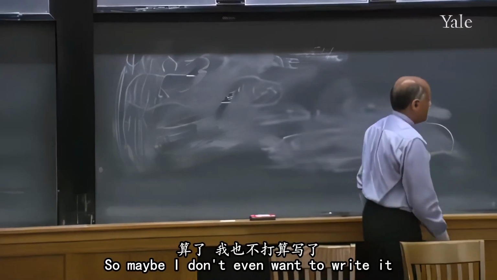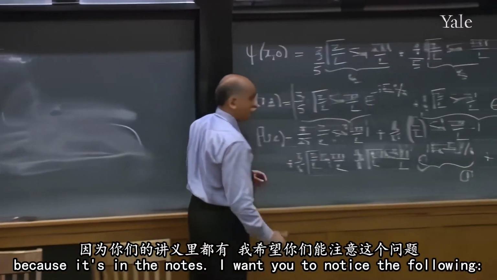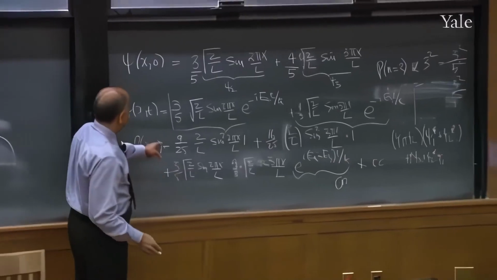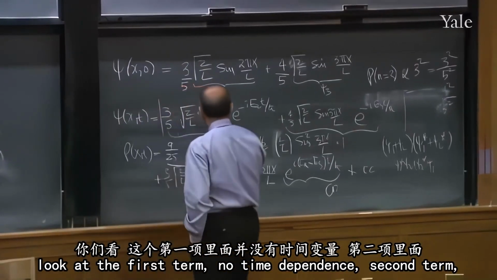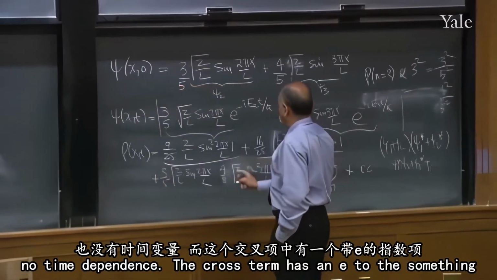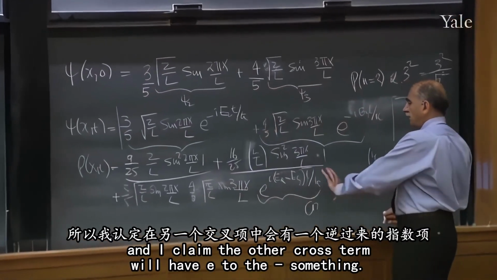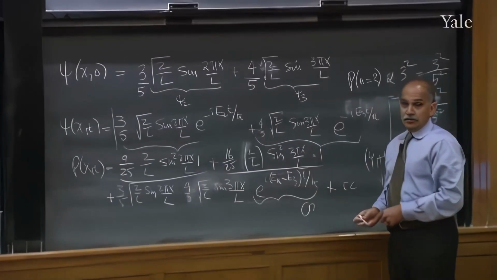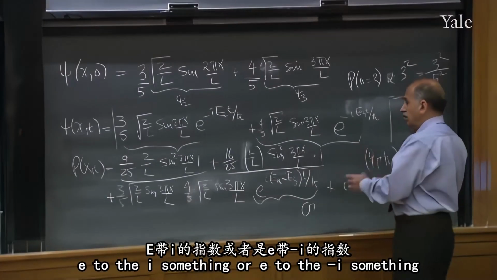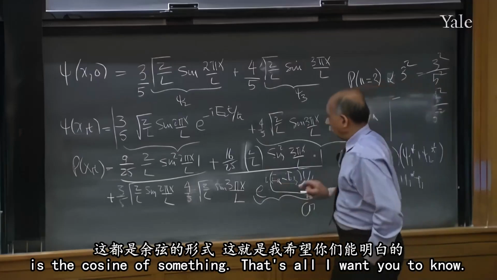I don't even want to write it because it's in the notes. I want you to notice the following. Look at the first term, no time dependence. Second term, no time dependence. The cross term has an e to the something, and I claim the other cross term will have e to the minus something. E to the i something plus e to the minus i something is the cosine of something. That's all I want you to know.